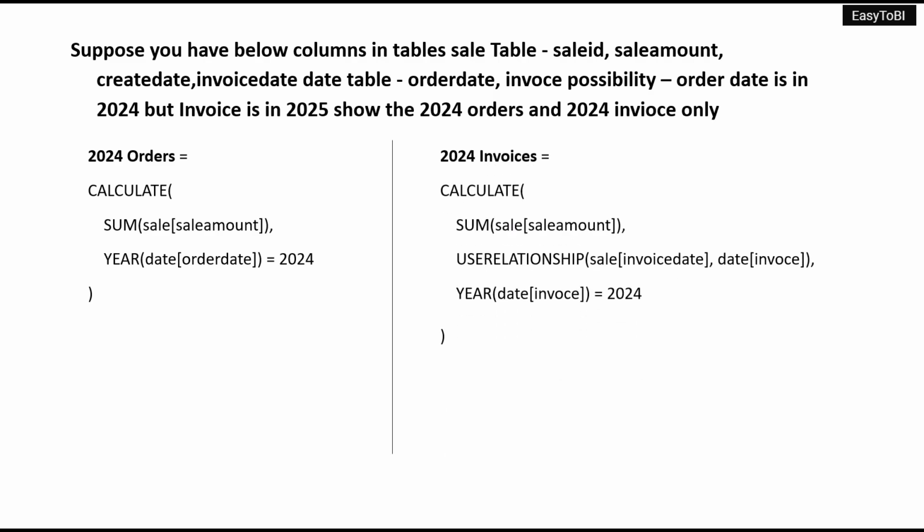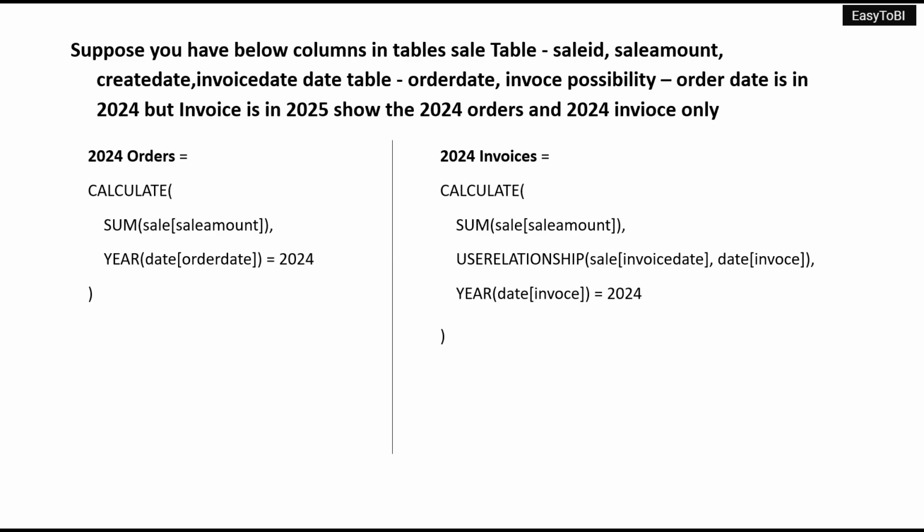But if we need to calculate the invoice 2024, how will we calculate it? Because it does not have an active relationship, it has an inactive relationship. So here we use the same formula, but instead of year order date, we use the year invoice equal to 2024.